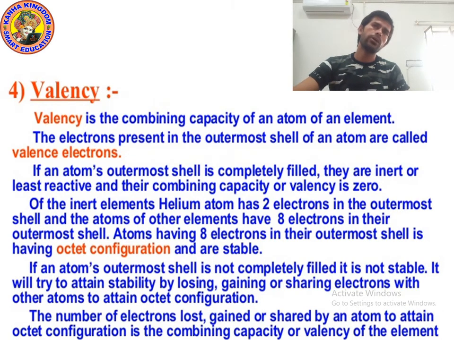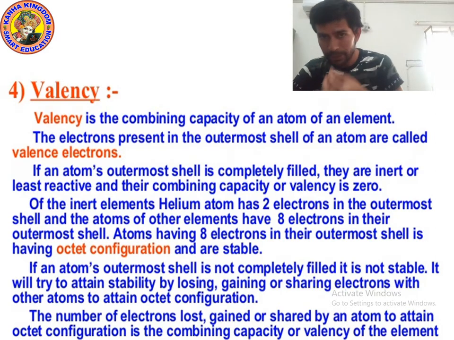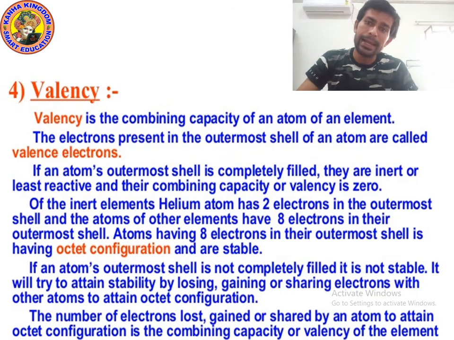And if I talk about lithium, we know lithium has 3 electrons. In the K shell we fill 2 electrons. Now 1 electron is remaining, so we fill it in the L shell. So here the outermost shell is the L shell.